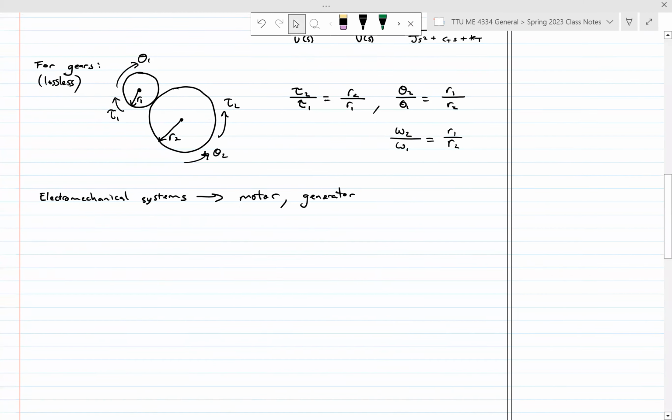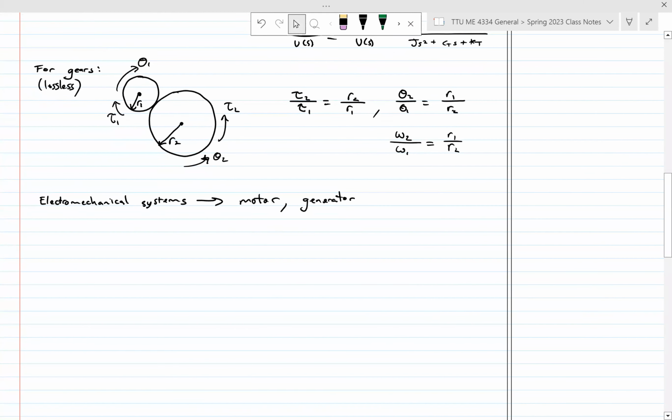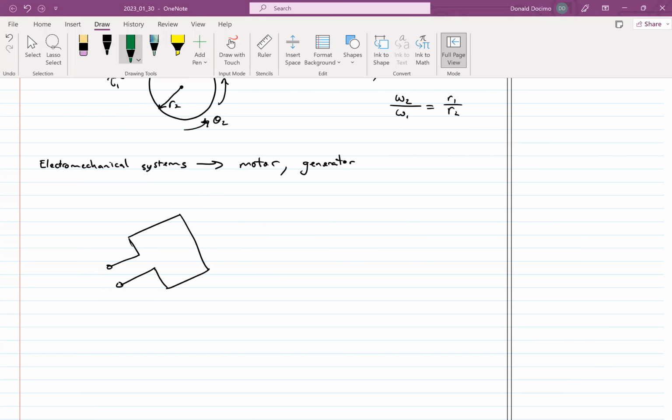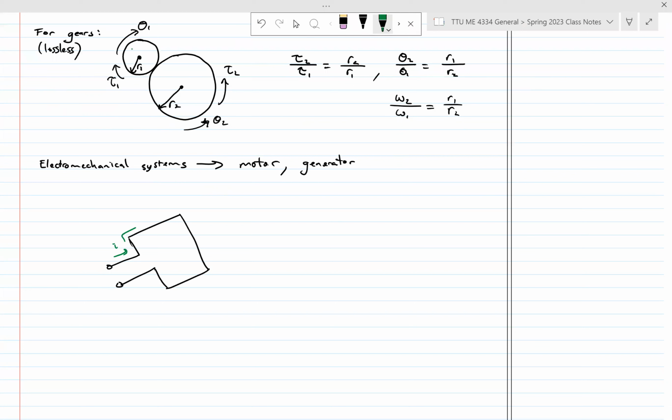All right. So the key to motor operation is magnetic coupling, right? Let's say we have some sort of conductor, like a wire, and it has current going through it. So let's say we have this wire here. We're applying a voltage across these two ends of the wire, and we're going to get a current, little I, that's going to run around this wire.